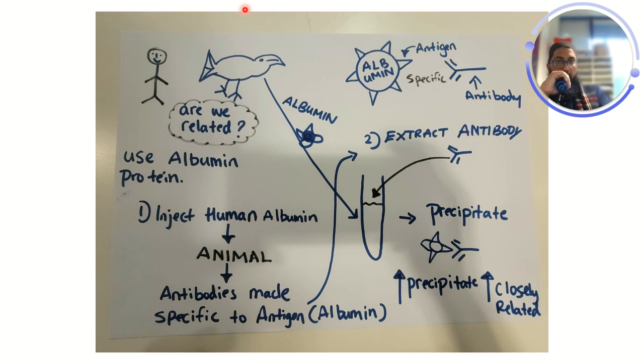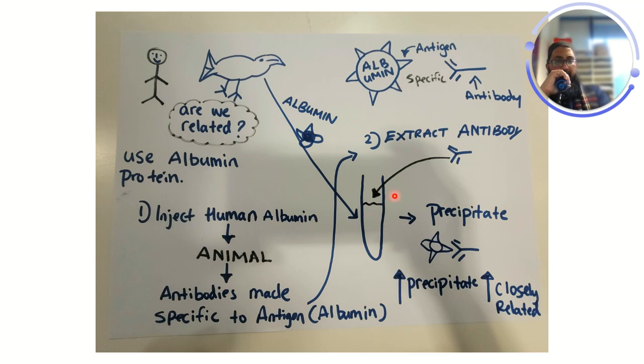What's our test? I want to see if I am closely related to this chicken. What I do, I get a test tube. In the test tube, I'm going to add in the albumin of that chicken. The albumin of the chicken is going to have its own antigen. And then I'm going to add in the antibody that was made in the animal in response to my albumin's antigen. And that antibody is very specific. It will only bind to antigens that are very specific to that albumin.